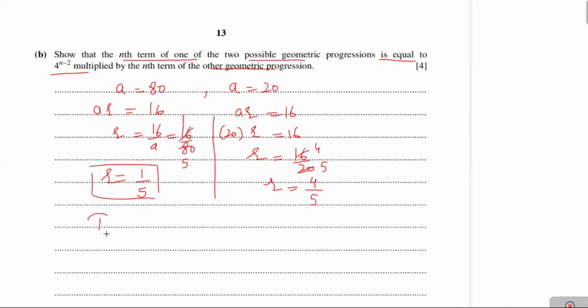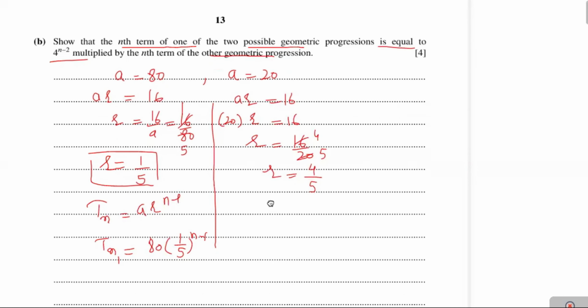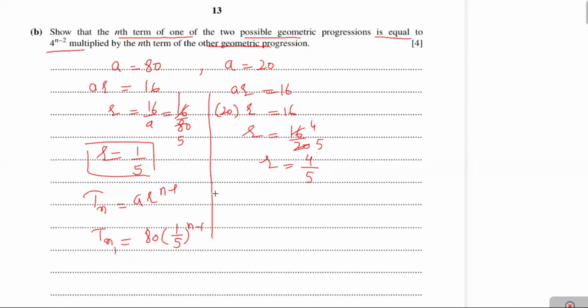Now the nth term of this expression, we write here Tn, that will be equal to ar power n minus 1, and here a is 80 and r here is 1 over 5, so 1 over 5 power n minus 1. That is the first sequence's nth term of the geometric progression.